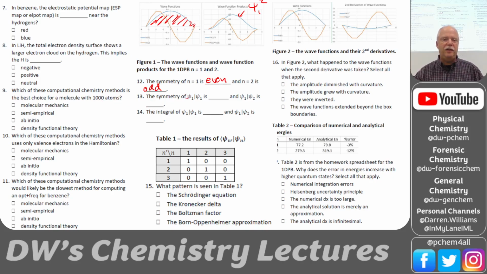Okay, so now the symmetry of wave function 1 times itself: we have an even function times an even function, so it's going to be even. And the symmetry of wave function 1 times wave function 2: we have an even function times an odd function, so this product of psi1 times psi2 is odd. And then the integral of wave function 1 times itself. We're looking at this blue curve.